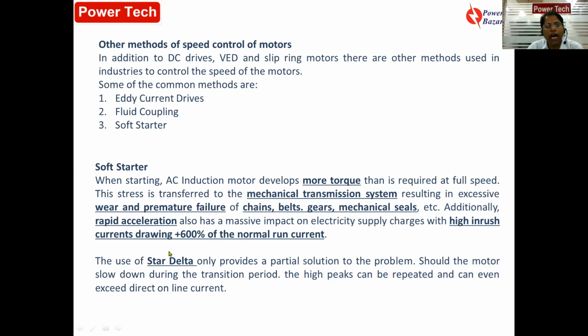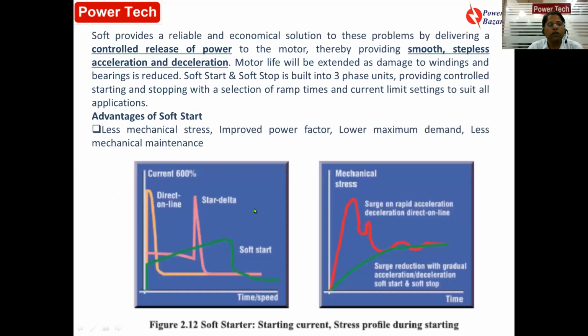So you can use a star delta starter for that, but a better way of controlling this issue is with the help of a soft starter. You see, this is a normal motor. If I go for a direct online starter, that means I don't use any starter, I simply switch on the motor.